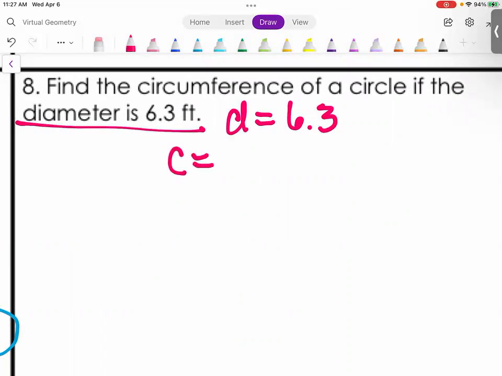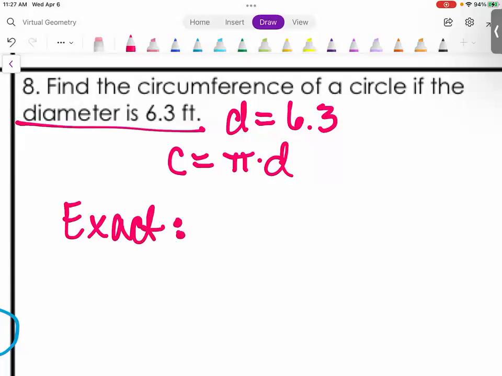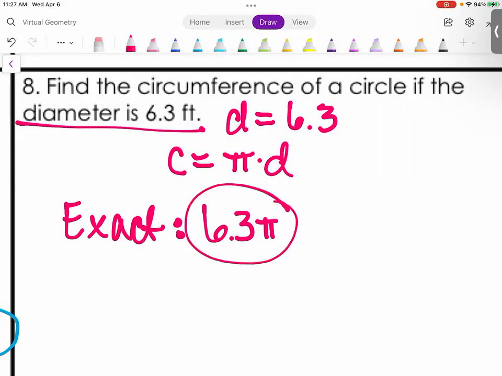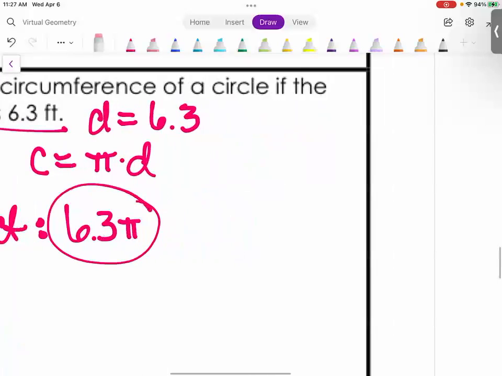So this time my formula, since I have the diameter, says pi times diameter. So my exact, well, the diameter is 6.3. So I have 6.3 pi because there is nothing else for me to multiply by. So there's my exact. Now let's do rounded.